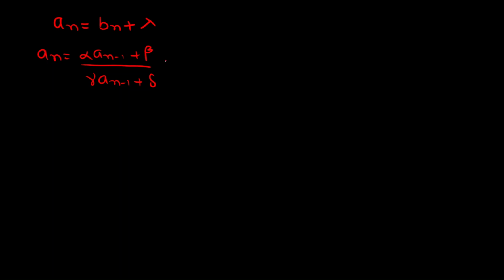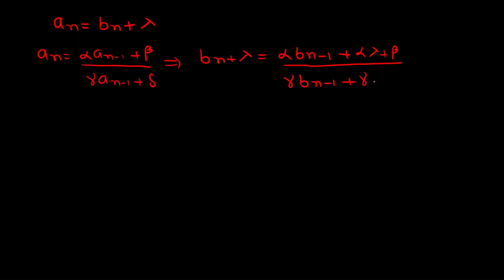Now if I substitute this b_n definition, I'll get b_n plus lambda is equal to (alpha (b_(n-1) plus lambda) plus beta) divided by (gamma (b_(n-1) plus lambda) plus delta).